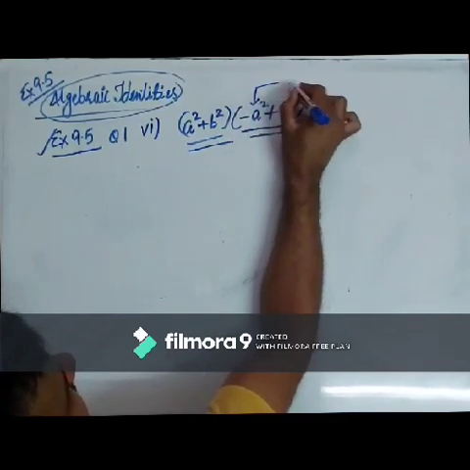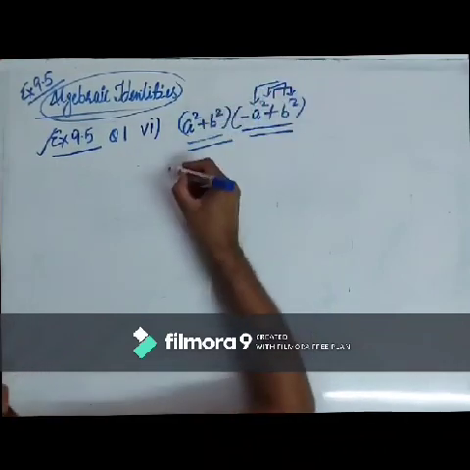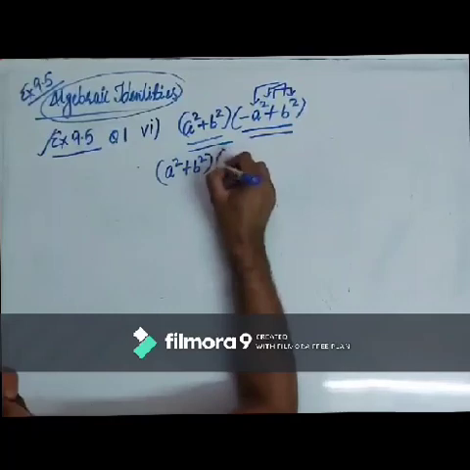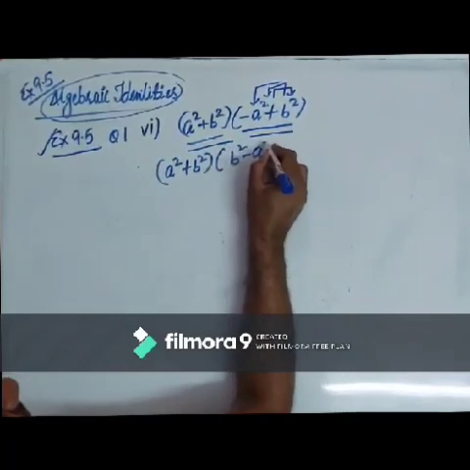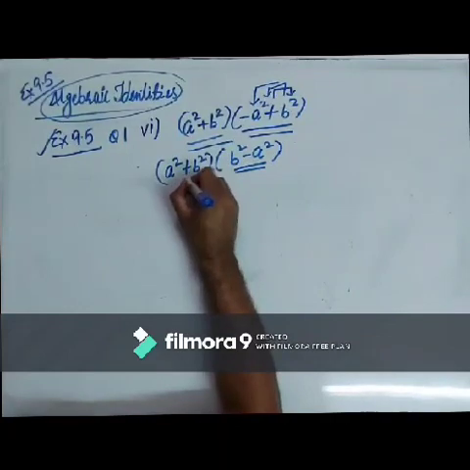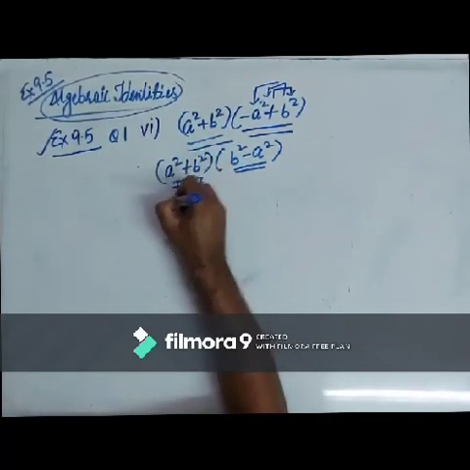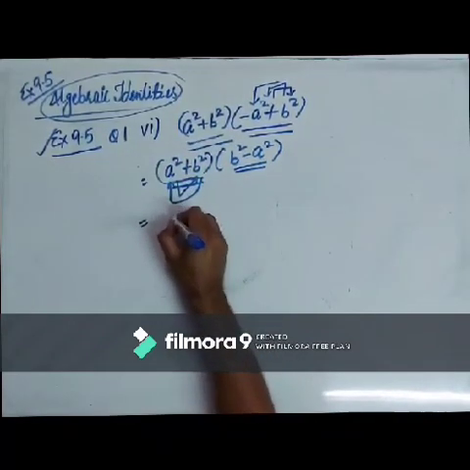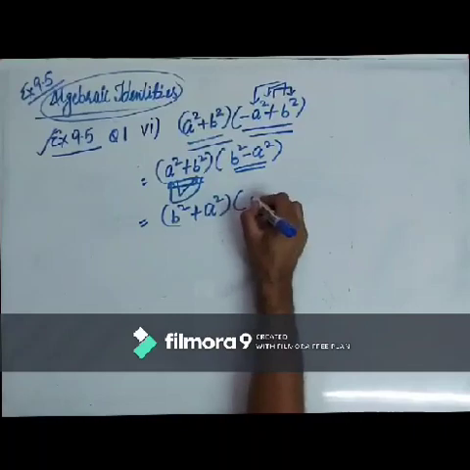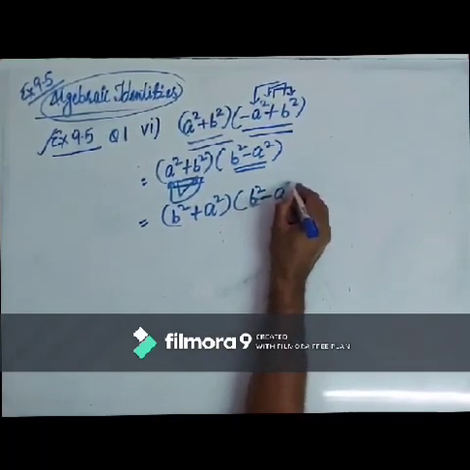But if we rearrange these two and rewrite it as a square plus b square and b square minus a square, there is no problem with it. So right, with positive sign we can also rearrange these two, right? So finally we have (b square plus a square) and (b square minus a square).